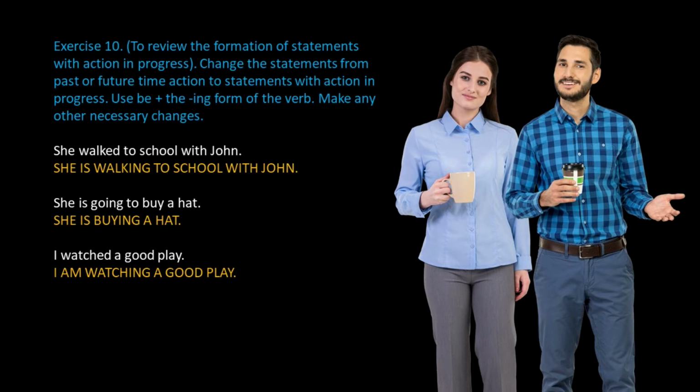She is walking to school with John. She is going to buy a hat. She is buying a hat. I watched a good play. I am watching a good play. Now, please do the following exercise. You can pause your video until you finish the exercise.